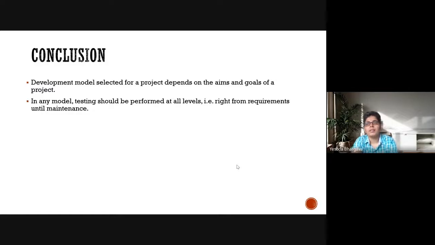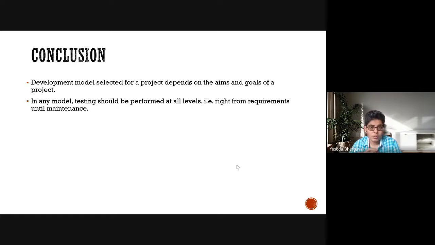And finally, the conclusion is that the development model selected for a project depends on the aims and goals of the project. So you should be very clear of what you are trying to achieve from your product, from your project. Based on that, you identify which model is the most suitable. It's possible that you might have to go for a hybrid approach, depending on the reasons you identify as you work through various specifications of the model.